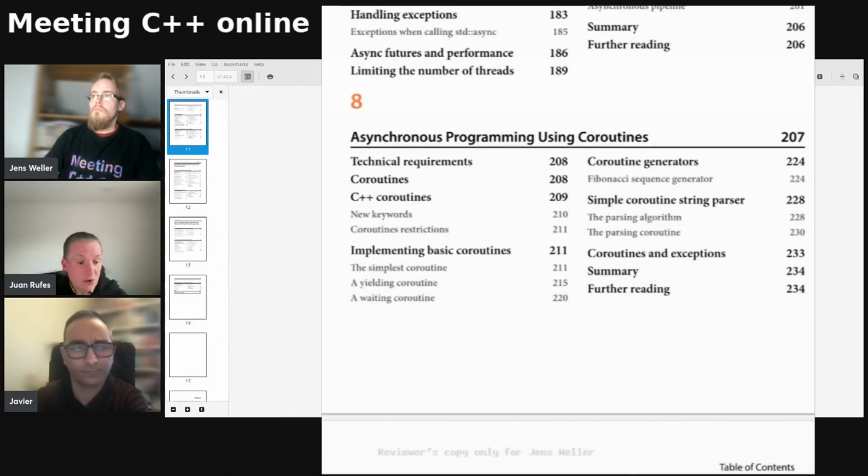So yeah, that was really the structure of the chapter. Something to introduce coroutines in a natural way, because coroutines have two parts. The coroutines themselves, to implement them in C++, which, as I said, is kind of low level, and then there's programming with coroutines, which is a different way of structuring your code. Coroutines have been around for a long time in other languages. I think Kotlin is one of the very well supported ones.